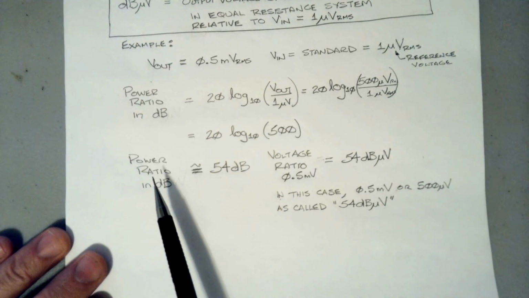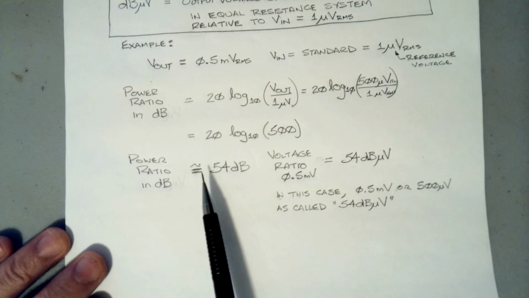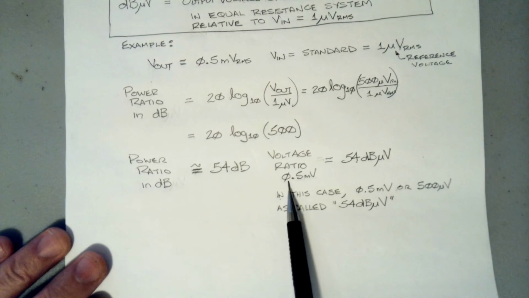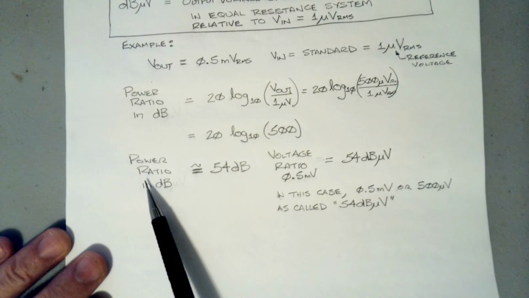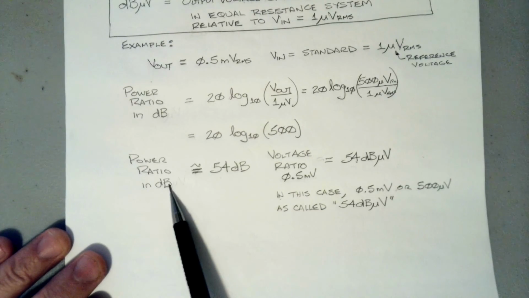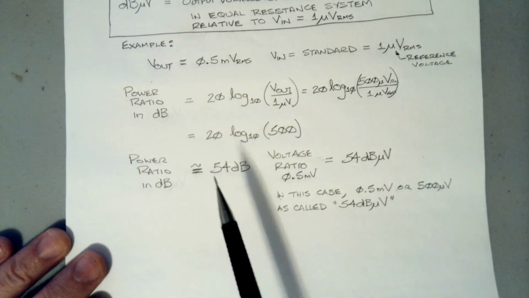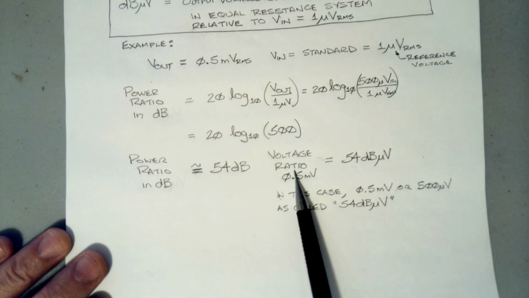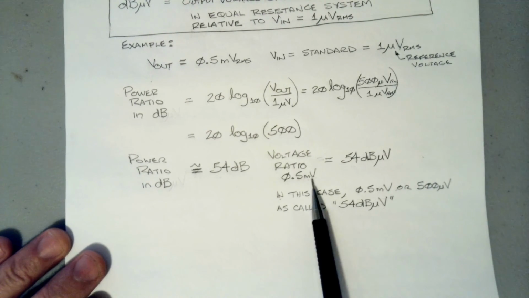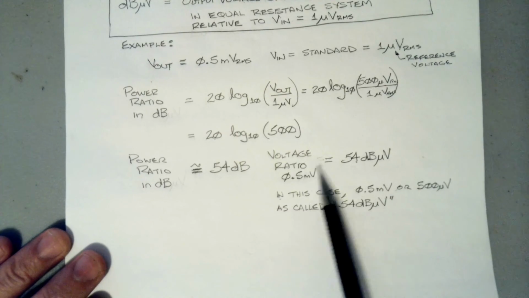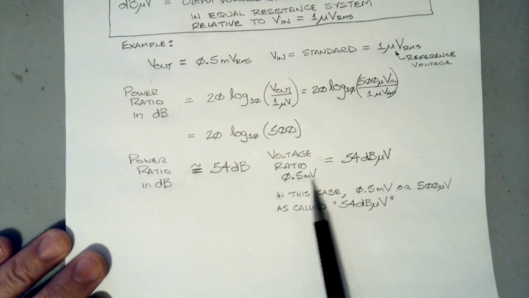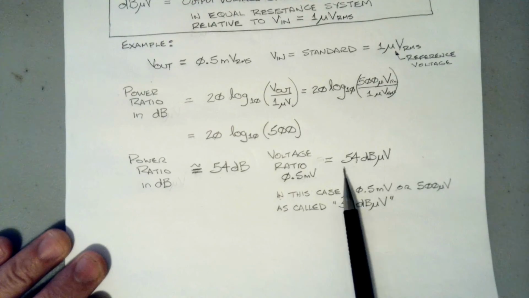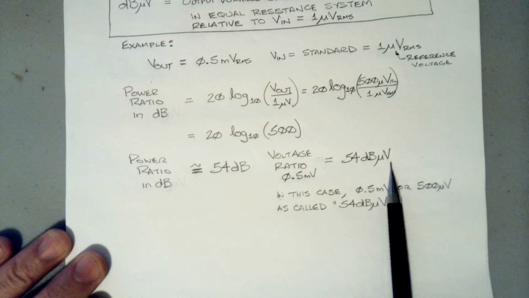If I could put 1 microvolt into the system and get out 0.5 millivolts or 500 microvolts, I'd have a straight power ratio gain of 54 dB. And therefore, I can refer to 0.5 millivolts or 500 microvolts in reference to 1 microvolt, as 54 dB microvolts.